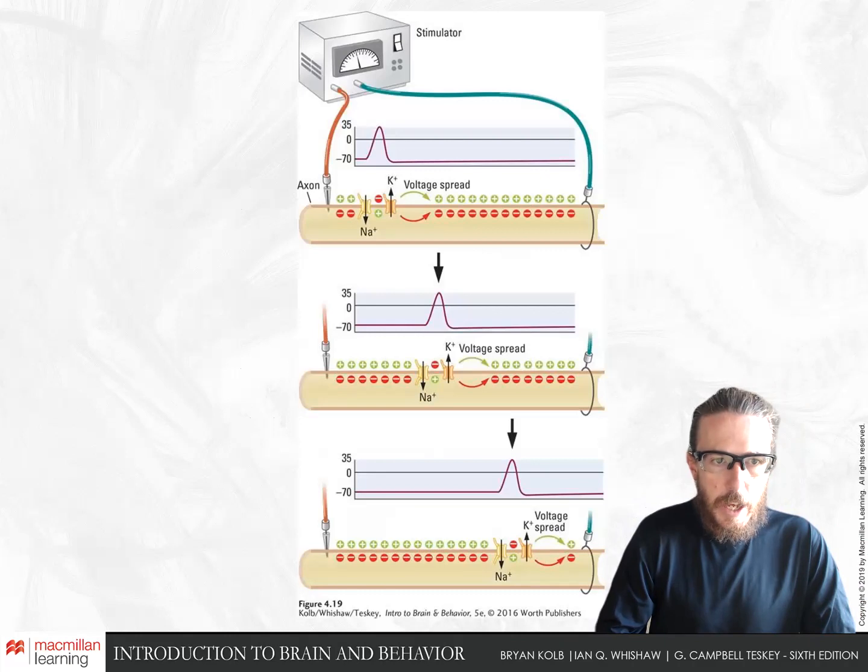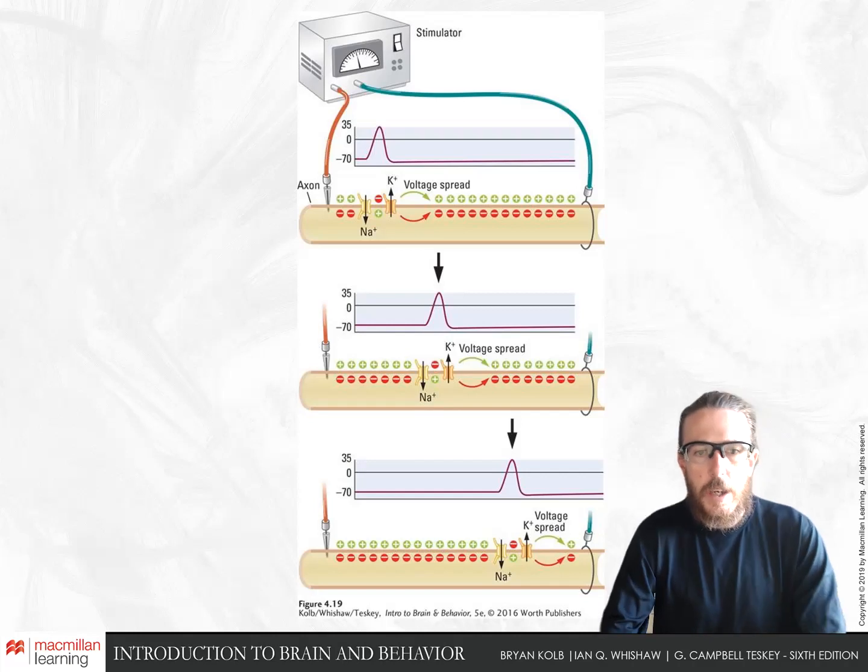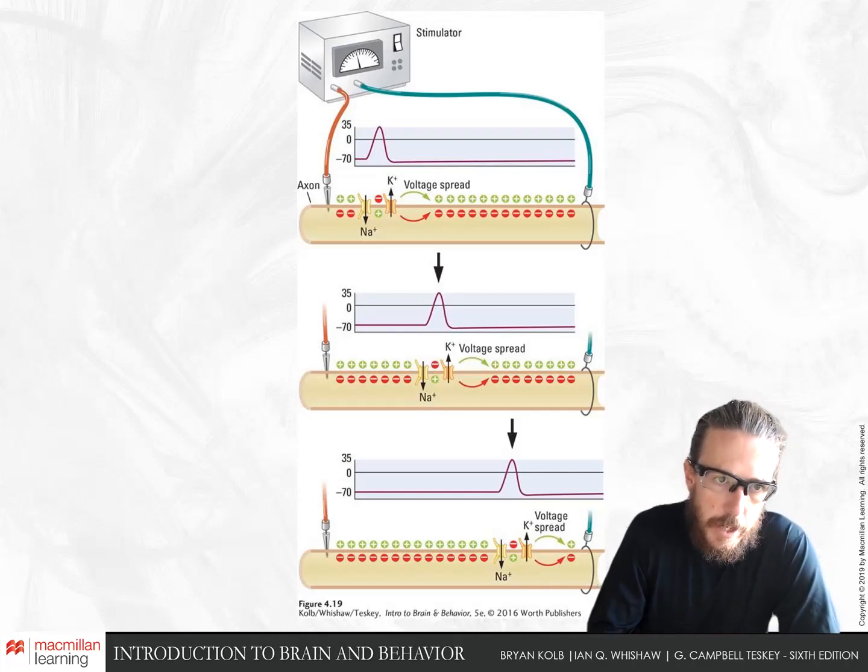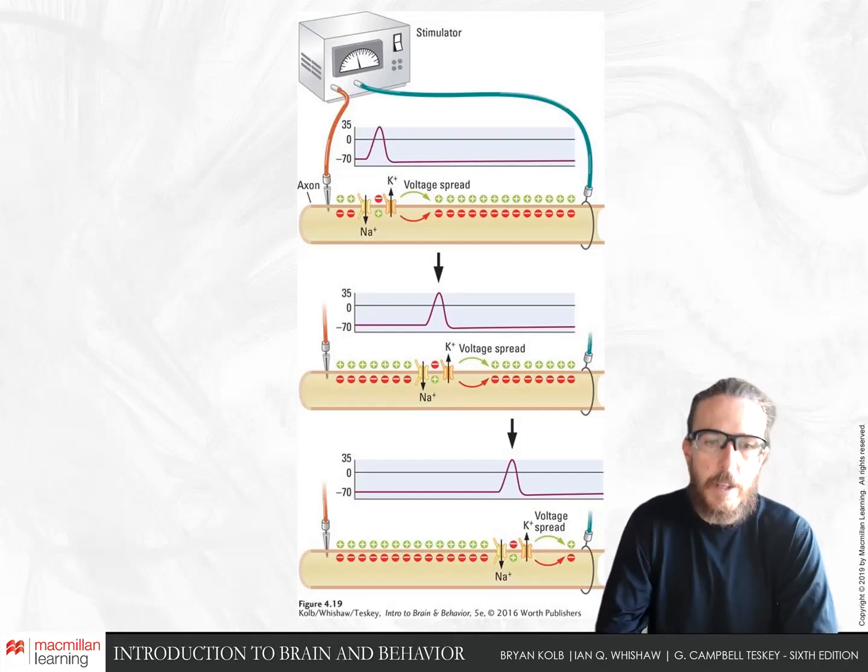You can see that it can't move back the other way because of the refractory period of those cells. However, the voltage influx from the sodium and potassium can affect the voltage sensitive channels at nearby parts of the membrane, creating this cascading effect that lets the signal move down the length of the axon.